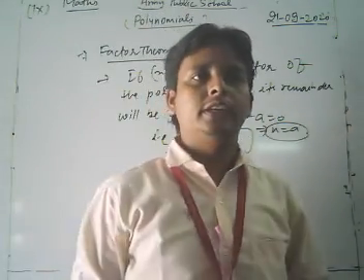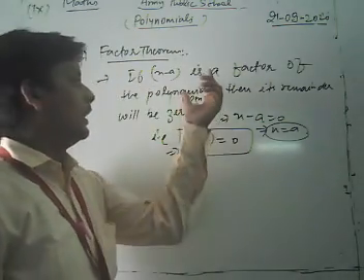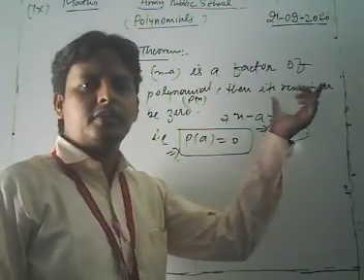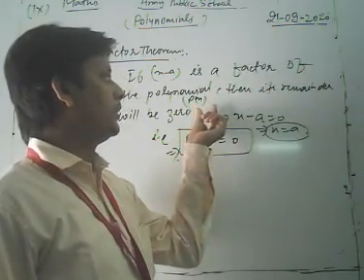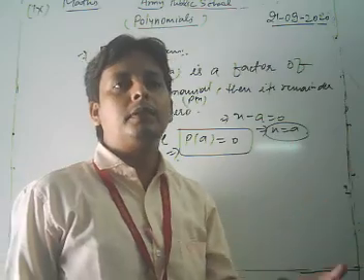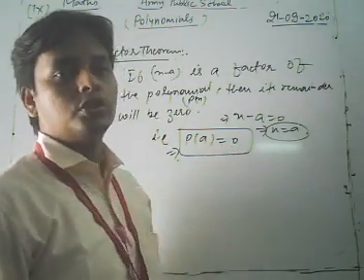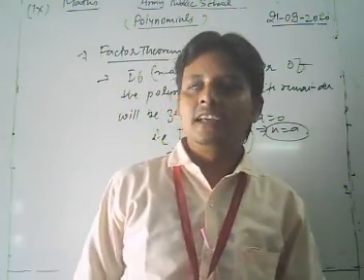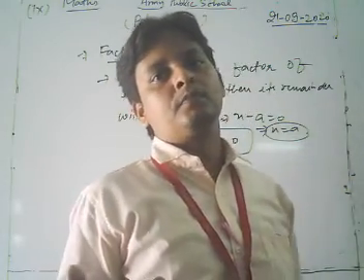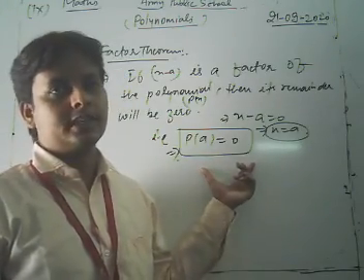According to the factor theorem, if x minus a is a factor of the given polynomial p(x), then its remainder must be 0, meaning p(a) must be equal to 0.